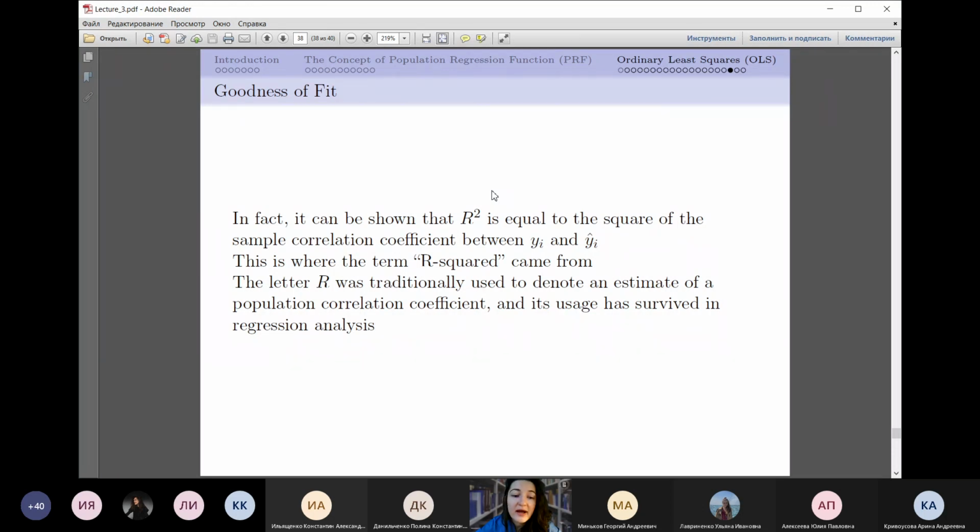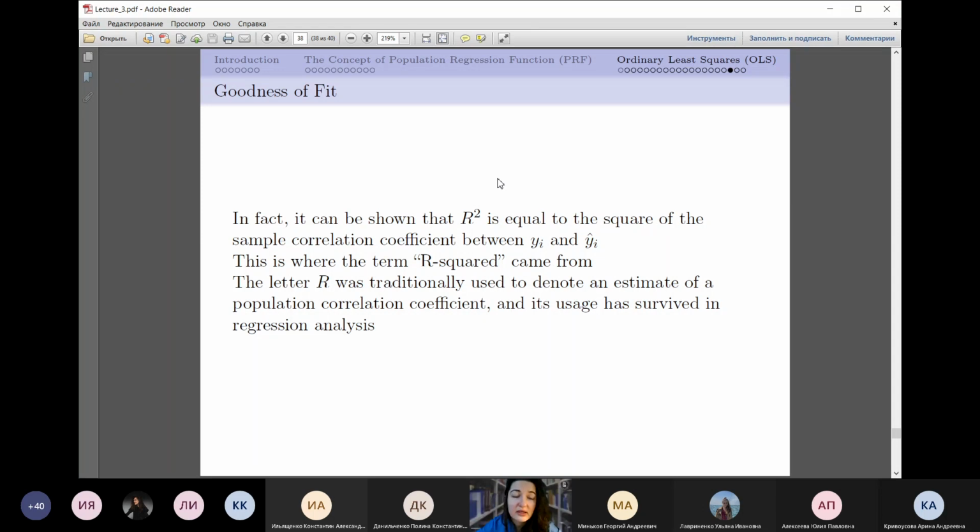Not very high R squared values are rather common, especially if we talk about cross-sectional analysis, cross-sectional data. It's okay. And I want to emphasize that even a low R squared doesn't necessarily mean that the ordinary least squares regression equation is useless or your model is bad. Even with a low R squared, it is still possible that you obtain a good estimate of the relationship between some variables.